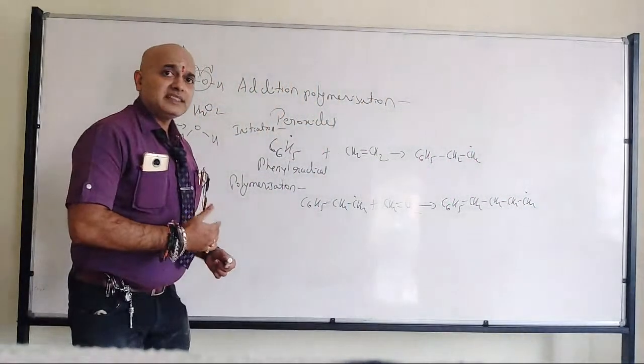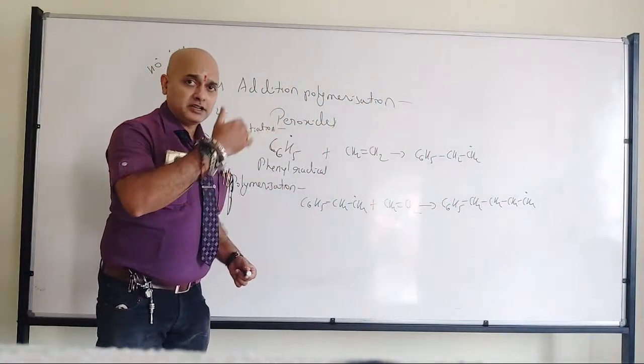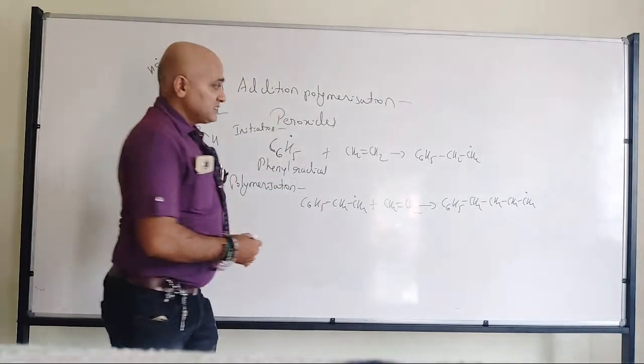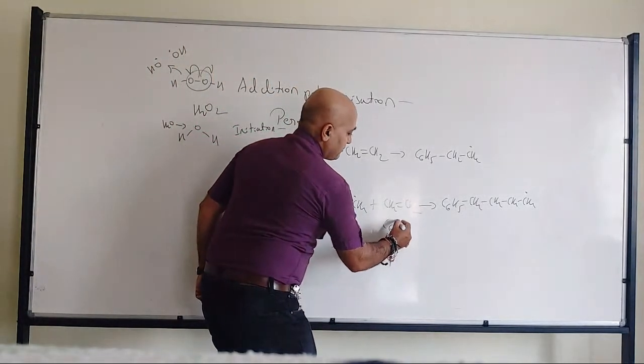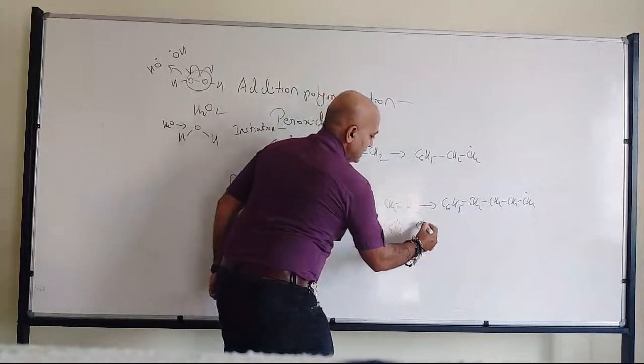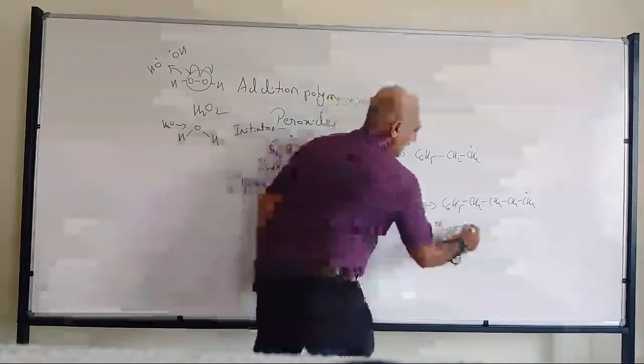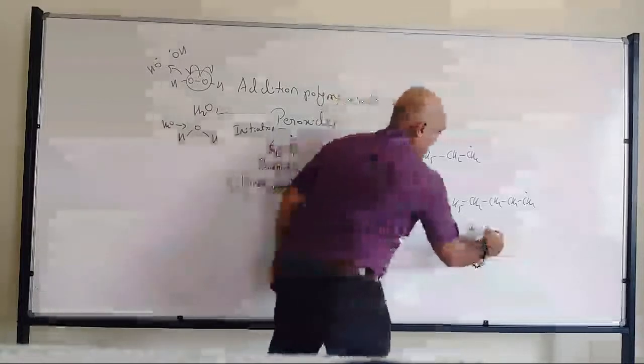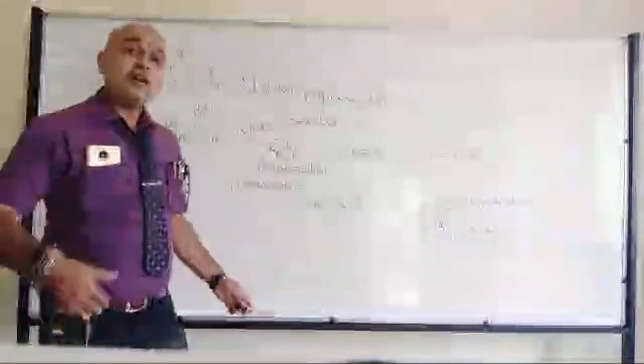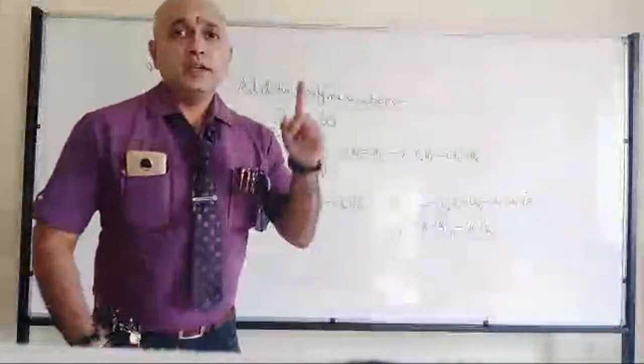Like that, it is going to be elongated. Polymerization will happen. So at the end of this step, I am going to get CH2 n number of times CH2. That's where it is called elongation or polymerization.